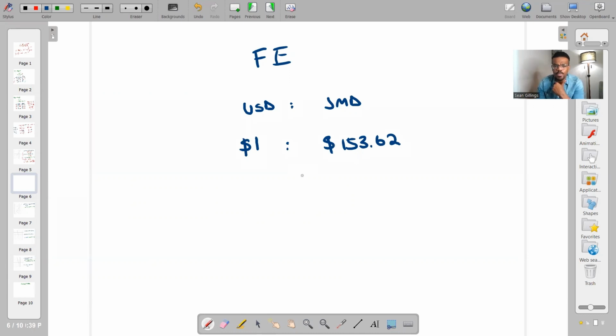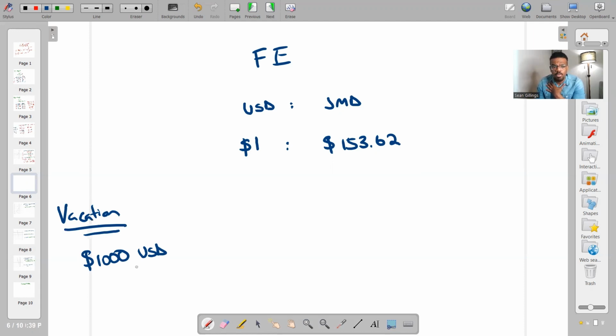Now, let's take it a step further and understand the framework for foreign exchange. Say you want to go on vacation and your guide tells you that you need roughly 1,000 United States dollars to really have a fun time. You're going on a 2-day trip and that's the budget.